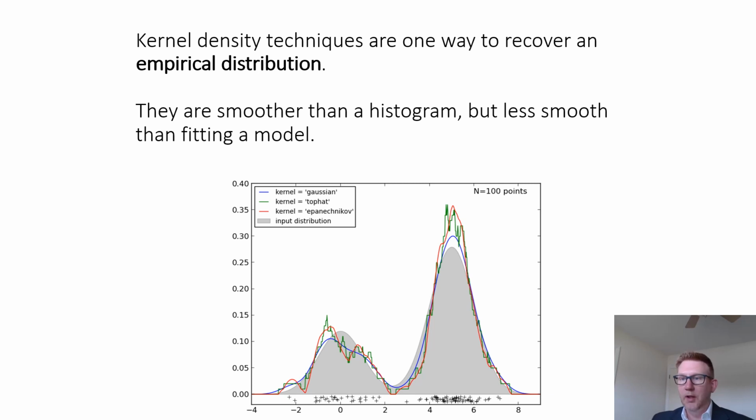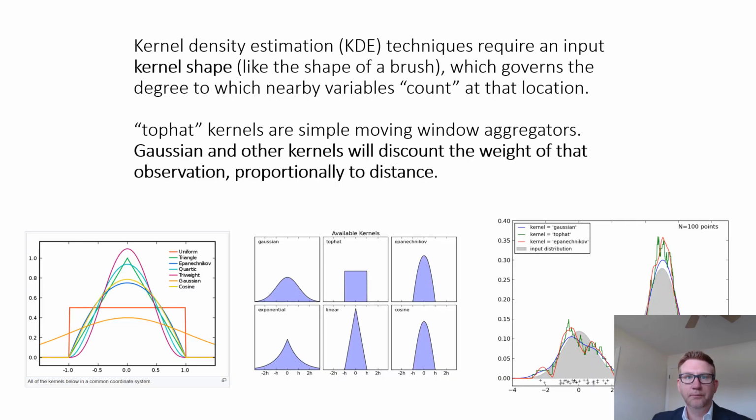Every time you calculate the mean or the standard deviation, effectively that's what you're doing, and it's not necessarily taking into account the minor or potentially important variations in your data. So this empirical kernel density technique is essentially a middle ground between fitting a model and just using something like a histogram.